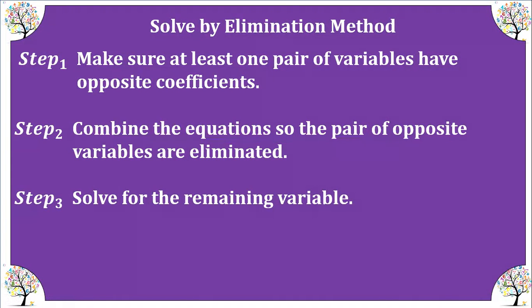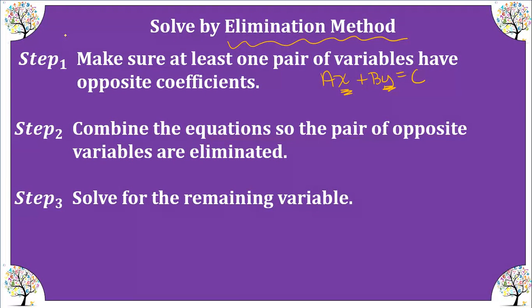So if you want, you can pause the video and write all of these steps down. However, the main thing with using the elimination method is that you need to make sure that at least one pair of variables, either the x's or the y's, have opposite coefficients. Also, this method is usually used when our equations are written in standard form, which is ax plus by equals c, where your x and your y are both on one side of the equation.